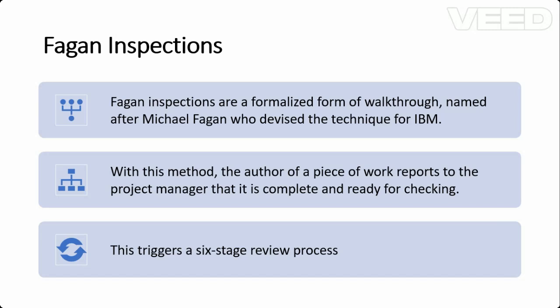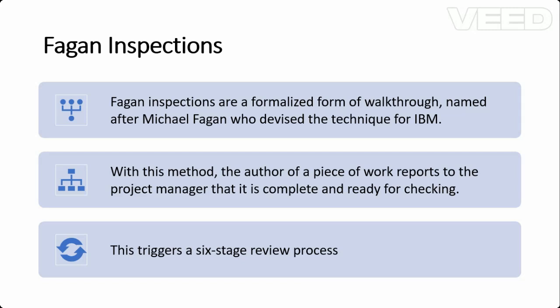Last but not least, we have, ladies and gentlemen, the Fagan inspection. Now, Fagan inspections generally are known as formalized walkthroughs. Reason is that they have key steps that are done as part of the inspection.